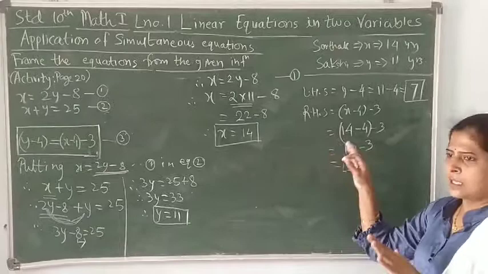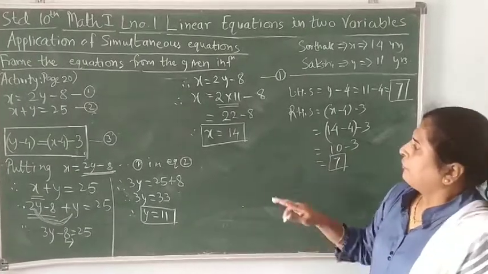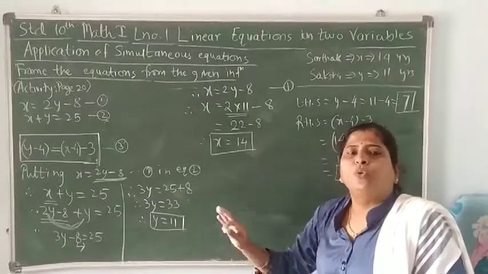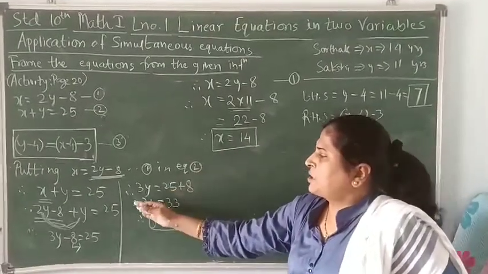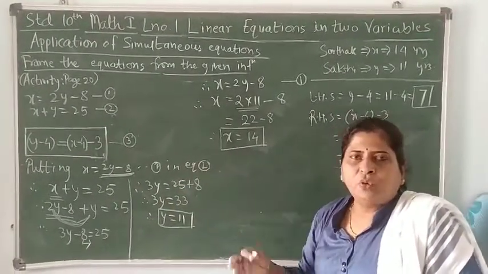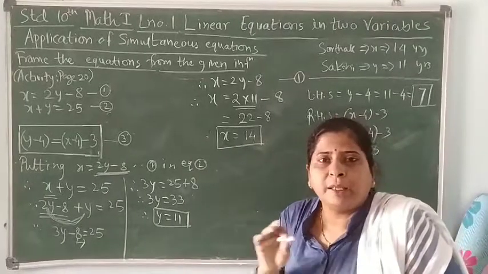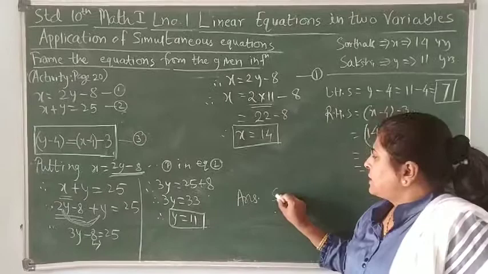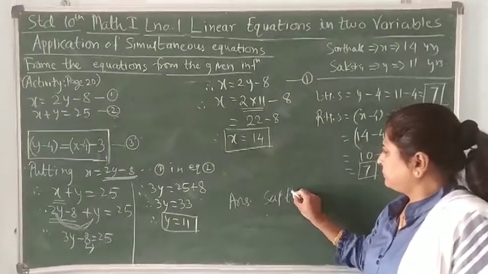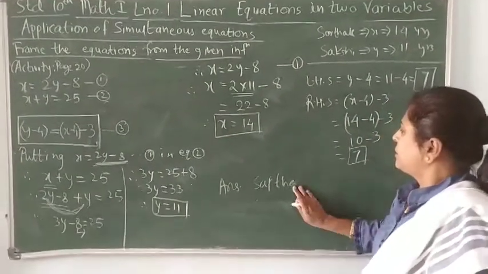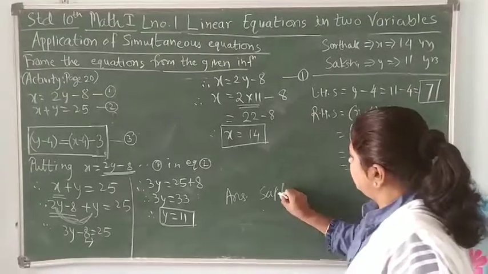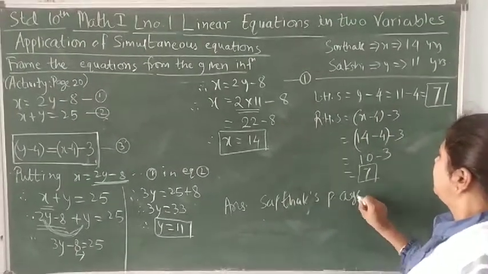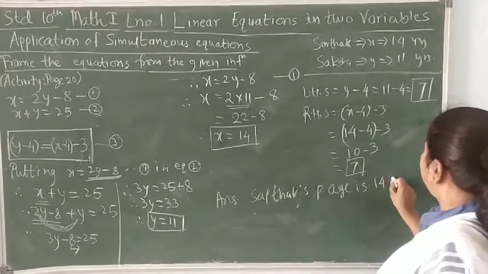So from this example, we have come to know how to frame the equation and how to solve. Using the substitution method is also easier. There is no need that every time you go for the elimination method. And you can write the answer in words: Sarthak's present age is 14 years.